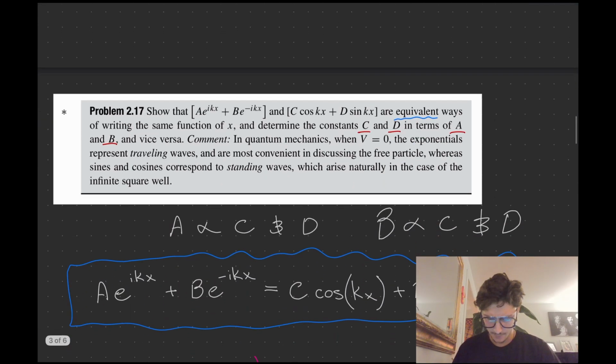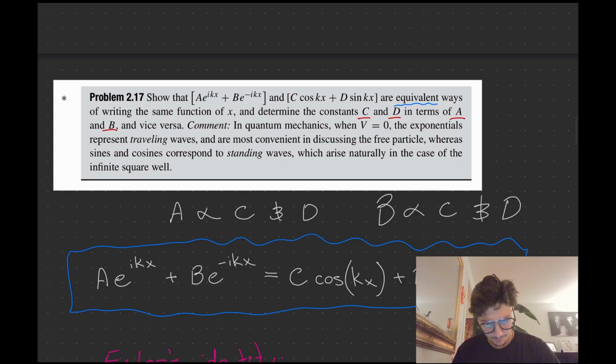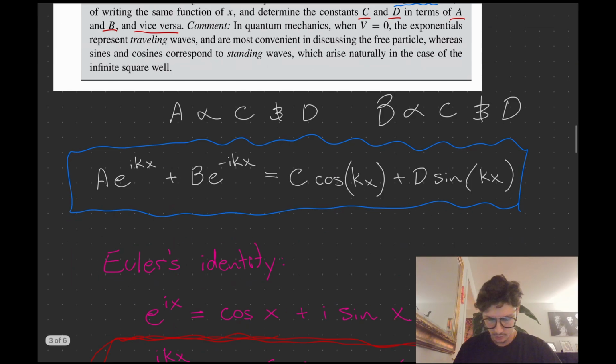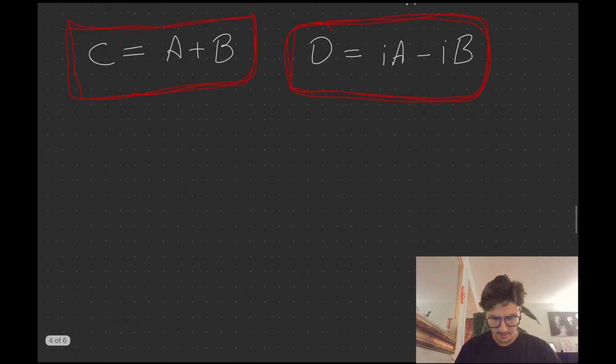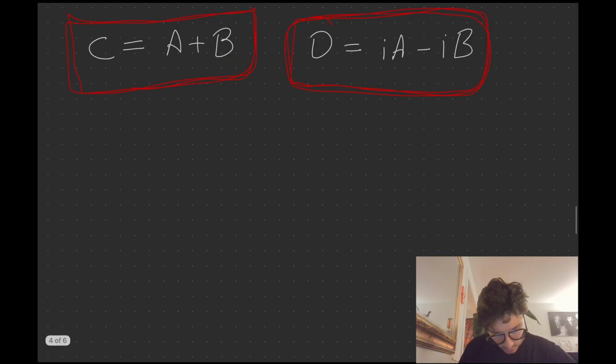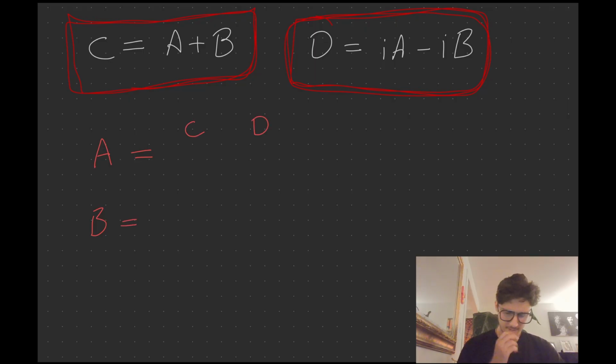Sorry for slamming that bottle. But we also have to do vice versa. So we have to determine, let's write this in a little cute orange, A equals something and B equals something in terms of C and D. How do we do this? Well, we have two equations here.